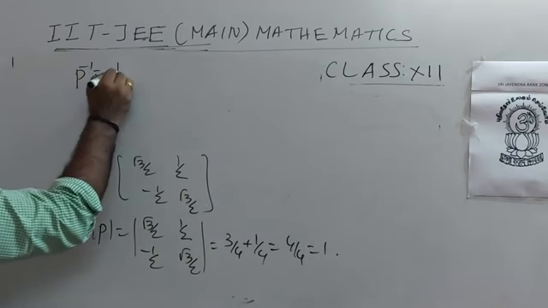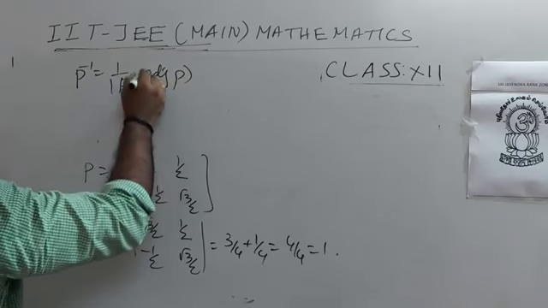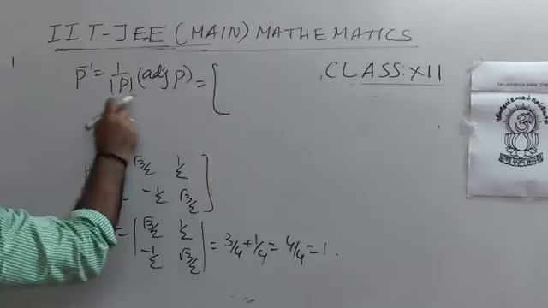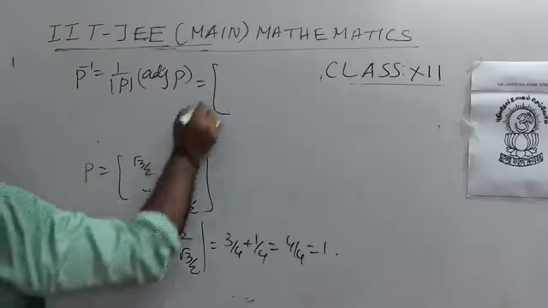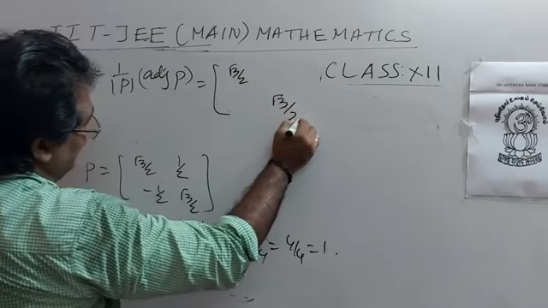P inverse equal to 1 by determinant P into adjoint of P. Interchange these two elements, root 3 by 2 remains in the leading diagonal.